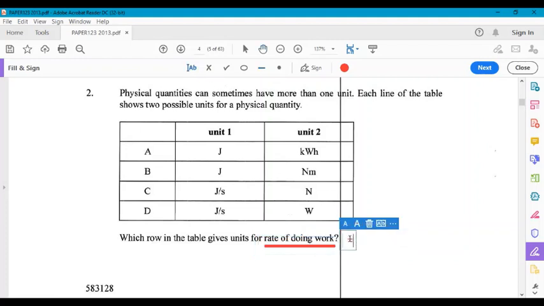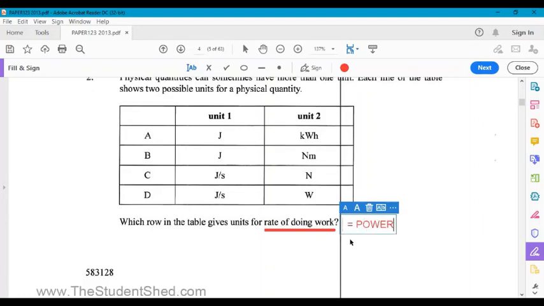We're talking about the quantity power. Okay, so power is measured in watts, and the definition of a watt is 1 joule per second. Remember, power is equal to energy divided by time. So joules per second. So our answer is D.